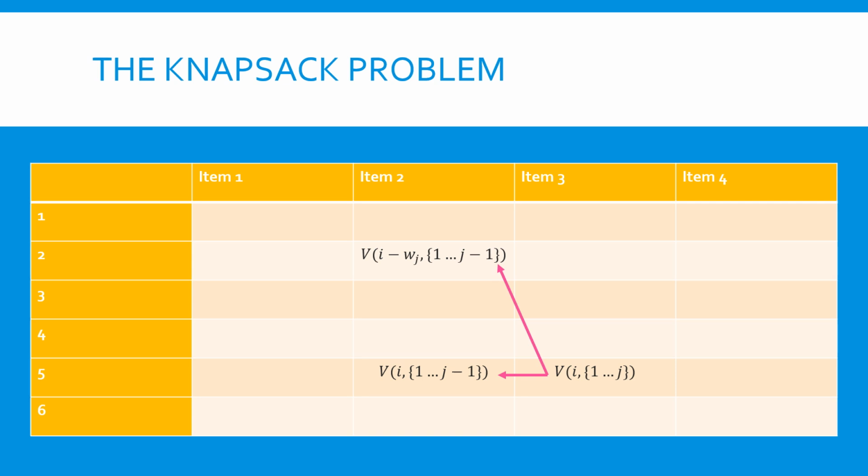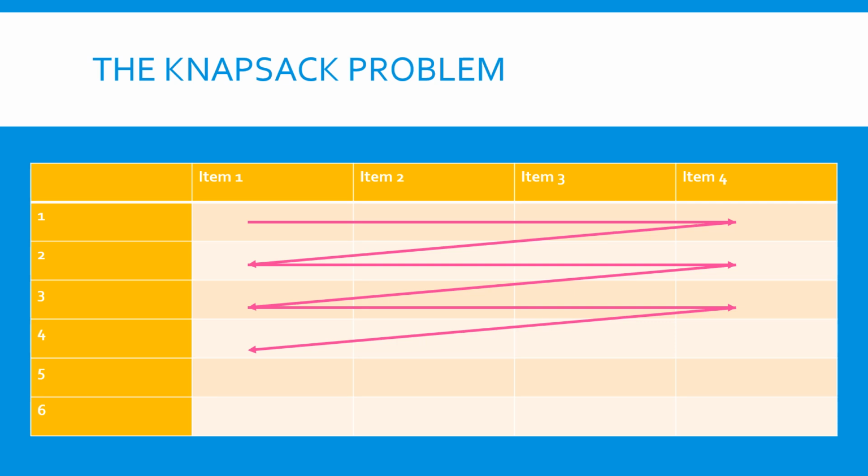It is important to know that the number of rows we look back is wj, which varies based on the item corresponding to the current column. With the dependency relationship, we set the table filling order as left to right and row by row. This approach ensures that all dependent subproblems are computed before they are referenced.